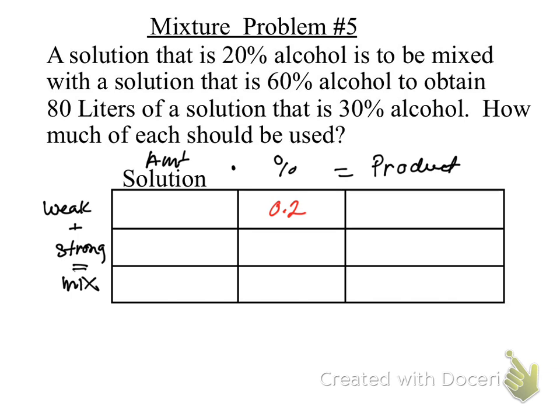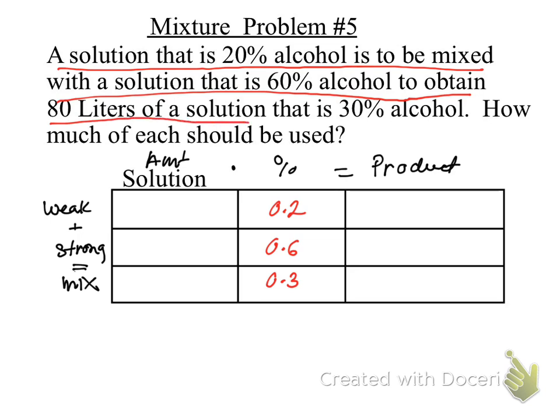And then what is the strong mixture that we're mixing with? 0.6. And then what do we want the mix to be? The future. What they want it to be. 0.3. Okay. So a solution that's 20% alcohol is to be mixed with a solution of 60% alcohol to get 80 liters of a solution that's 30% alcohol.